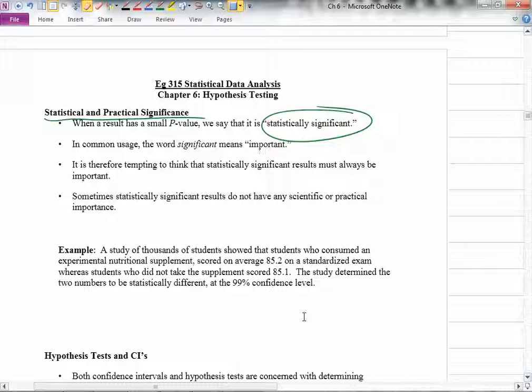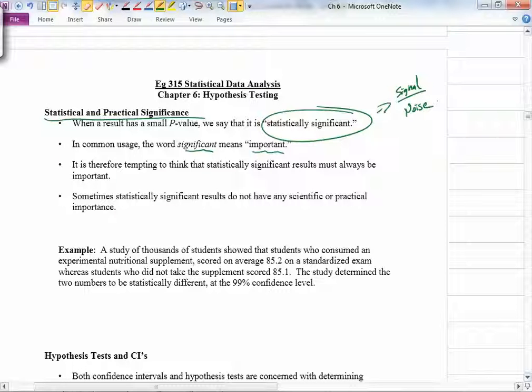Right? So when you reject the null hypothesis, we saw a statistically significant effect happen. Now, the word significant doesn't mean important in this case. Statistically significant means there is a signal that's discernible from the noise. Right?